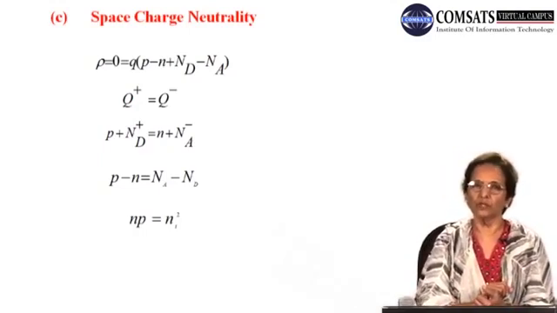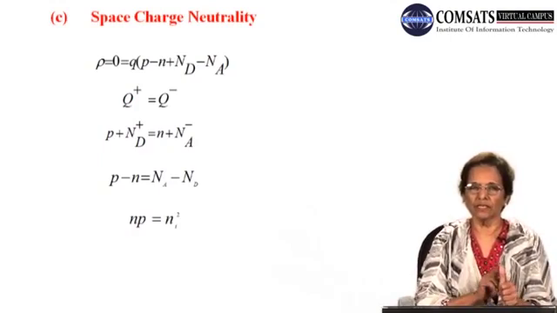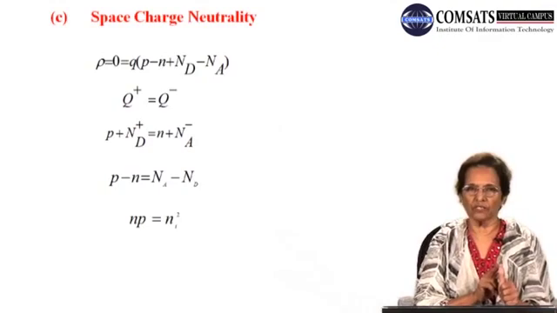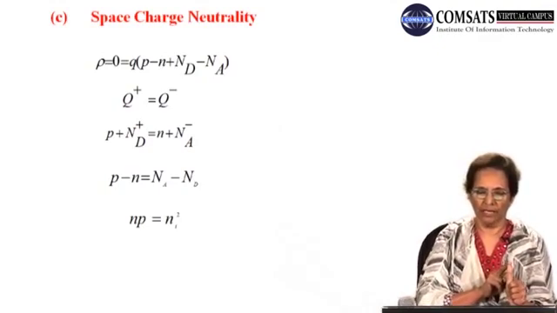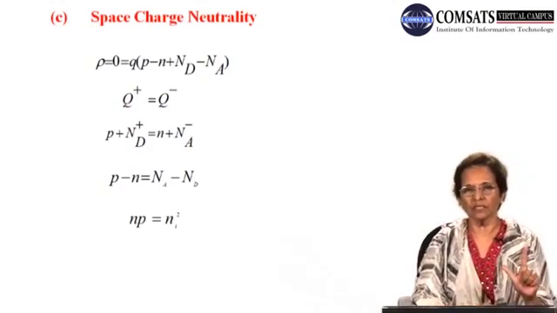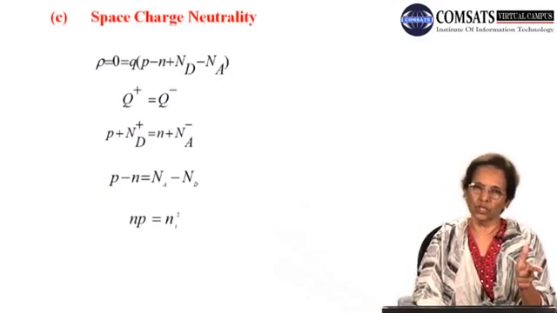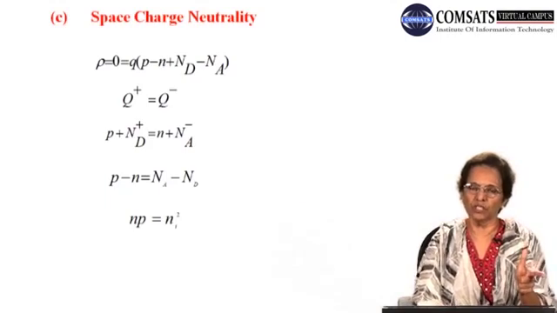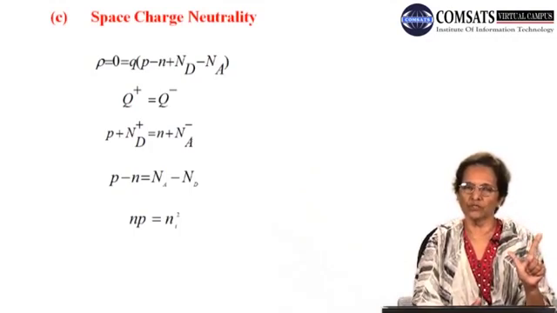I'm using the word total. It means the positive charge is coming from two different types of charges. One, the positive holes, and second, the donor impurity, which is positively ionized. So donor impurity is contributing towards positive charge, and the holes are contributing towards positive charge.